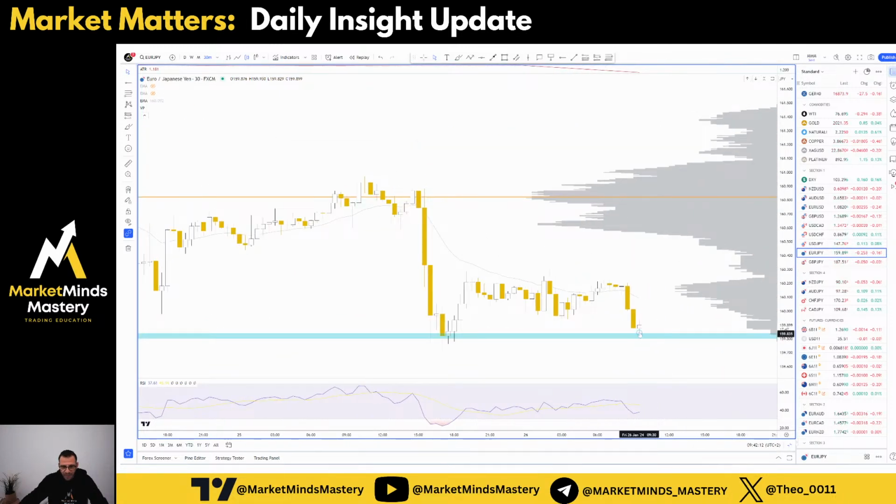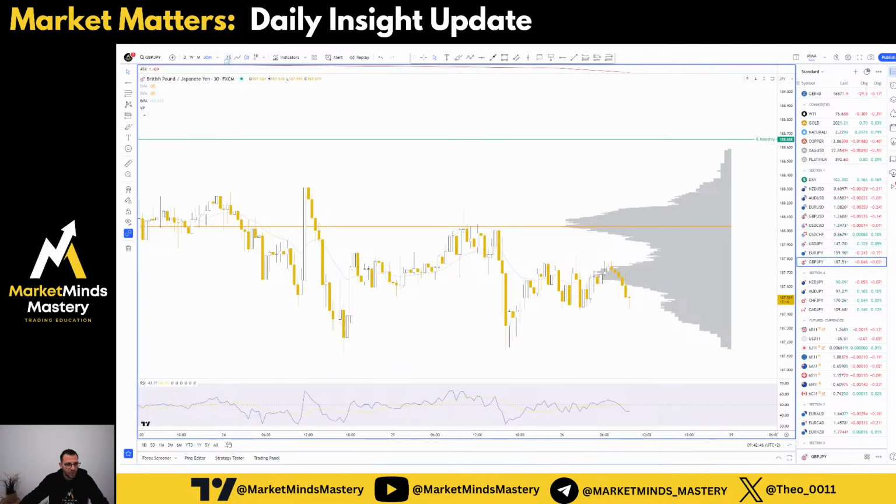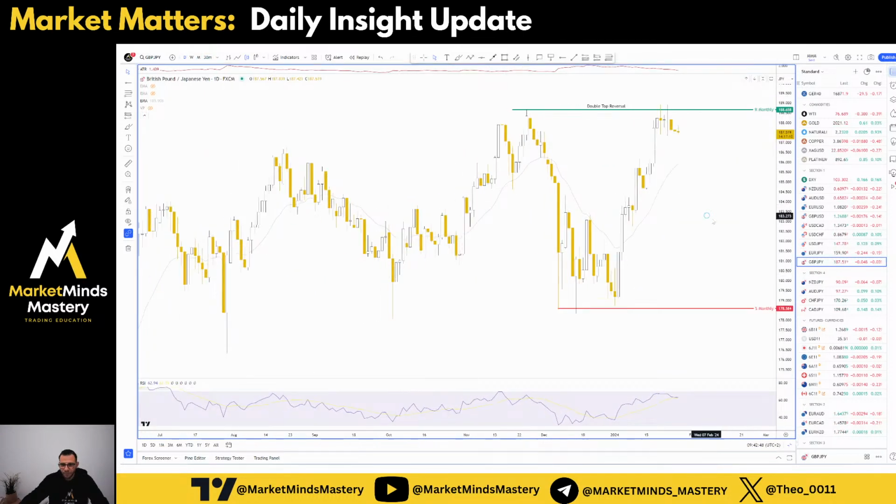But what I'm saying is that if you see a hammer here, let's say this is the end of this candle, the market still makes lower lows and lower highs. Whereas if you see a bullish engulfing, the market made a higher high. So there is a higher probability that this is going to push to the upside. We can talk about that in the next sessions as well, on Monday, Tuesday.